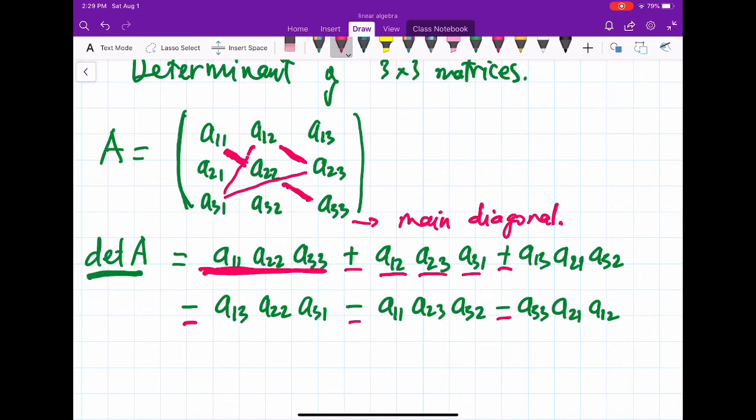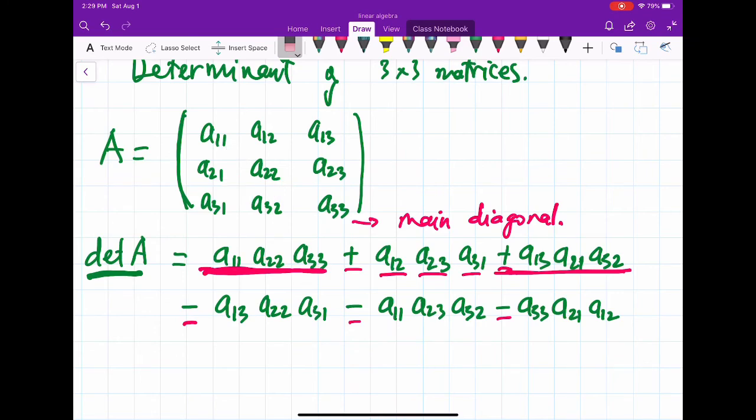Similarly, you have another parallel line to the main diagonal. So you have A21, A32, and A13 with the positive sign. And then you move to the other diagonal.